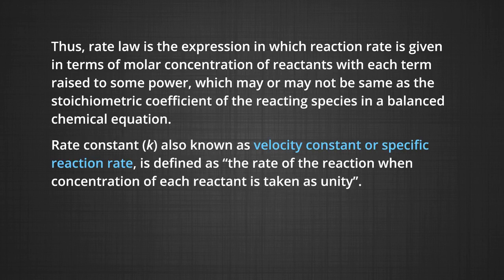The rate constant k, also known as velocity constant or specific reaction rate, is defined as the rate of the reaction when concentration of each reactant is taken as unity. As the molar concentration of A equals to molar concentration of B equals to 1 mole per liter, then the rate will be equals to k.